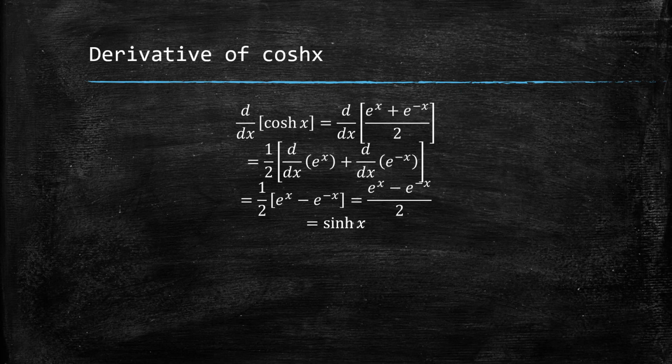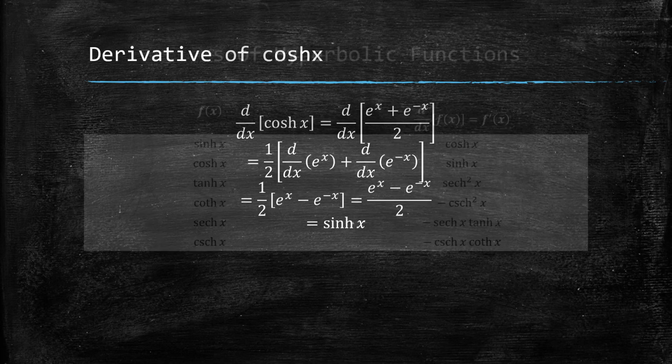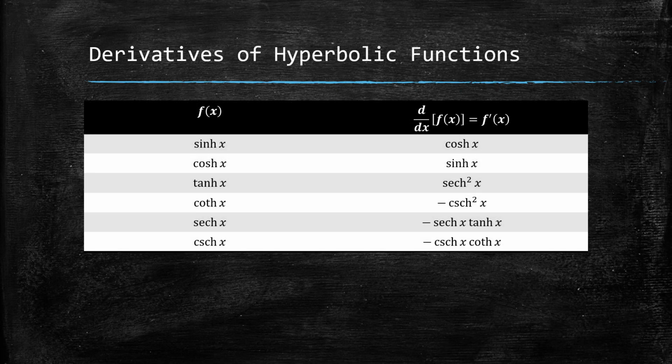We can similarly find the derivatives of the hyperbolic sine function. And we can then use the exponential definitions or the definitions of the other hyperbolic functions in terms of the hyperbolic sine and cosine to find the other derivatives.